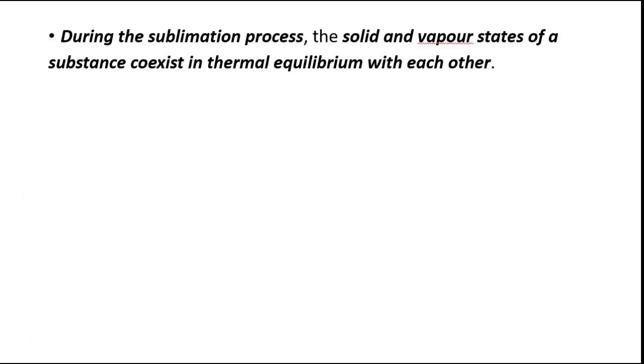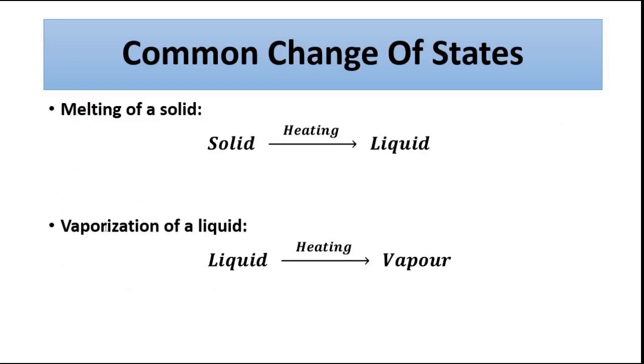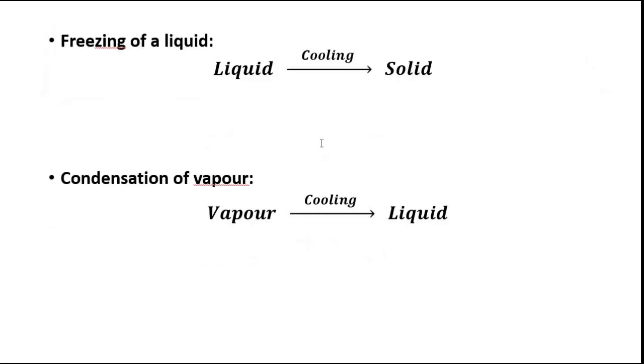So these are some of the basic concepts related to change of states, particularly taking the example of heating of ice in a beaker, where it goes through the different states, melting, vaporization, and also taking the reverse case, freezing and condensation.